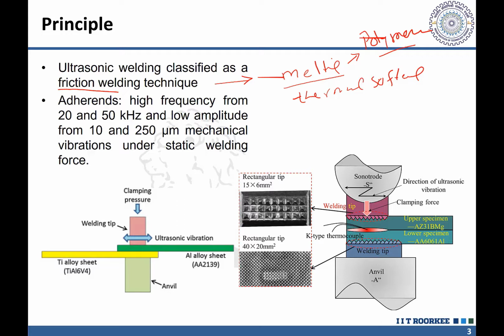So what we do, the components to be joined, say component 1 and another component, these components are placed in the lap joint configuration, and then with the help of the tool used in ultrasonic welding, that is called sonotrode or horn also, mechanical vibrations are applied to the workpieces through this horn or sonotrode, and this facilitates two things.